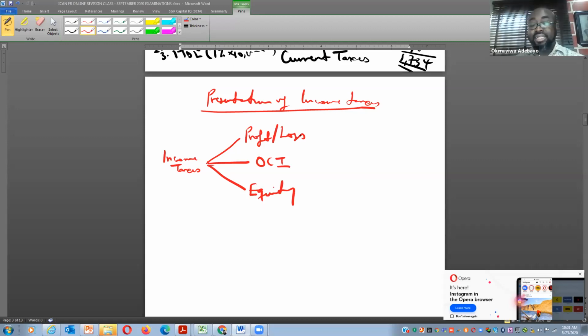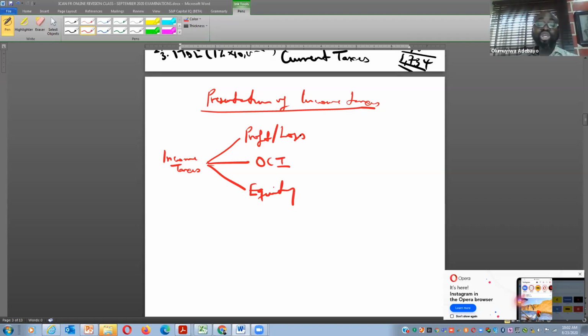Finally, yesterday we also understood that there are some transactions that impact equity directly, but they do not pass through profit or loss or OCI. And if these transactions give rise to an effect on income taxes, the relevant portion of the income taxes attributable to those transactions reported directly in equity will equally be shown alongside within equity.